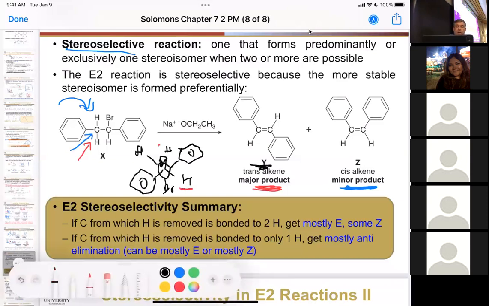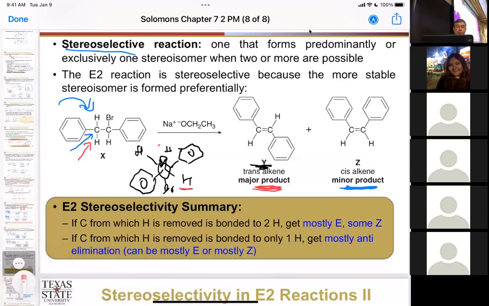So let's redraw, leaving the back where it was. We're going to draw a hydrogen and a benzene ring, and then our leaving group, bromine, here. But we needed that other hydrogen there, so that means this phenyl group is going to be over here now. This hydrogen is going to be over here, and this hydrogen is going to be up here. All right, so this hydrogen is now antiperiplanar with that. So we had to form this gauche formation to get the other hydrogen antiperiplanar.